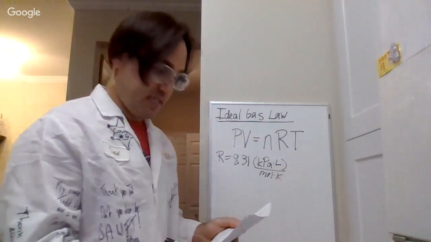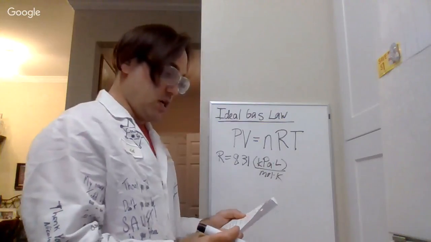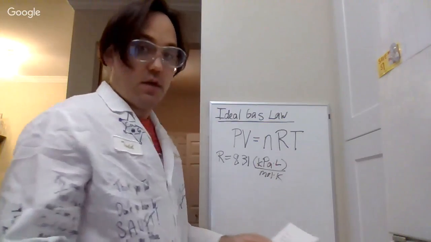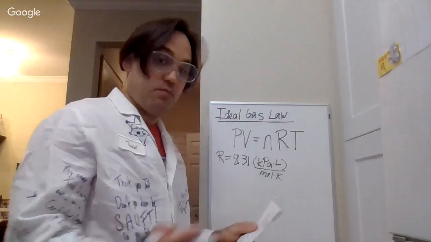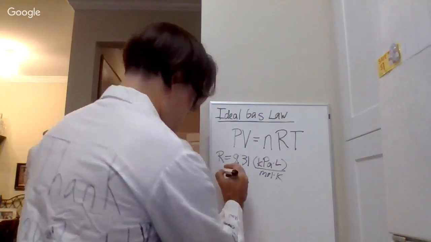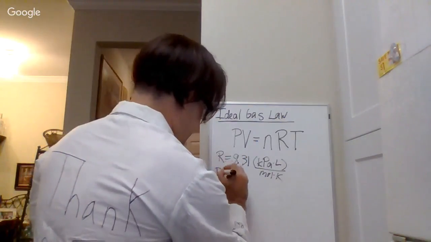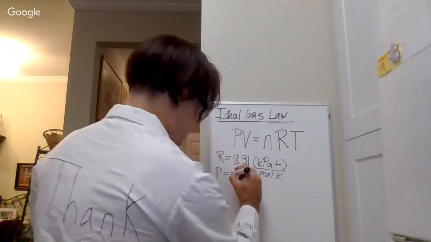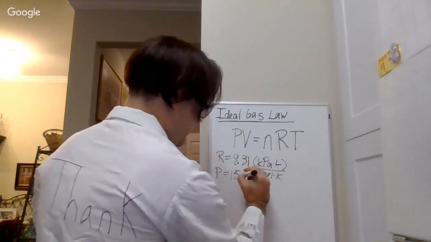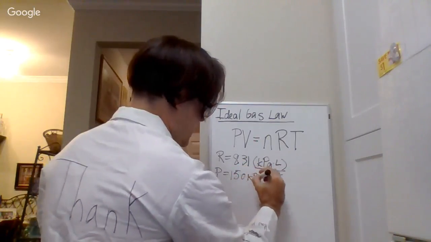Okay, so this problem states the pressure on a gas is 150 kilopascals. What I always recommend is that we put our variables on the board. Pressure, P, equals 150 kPa.